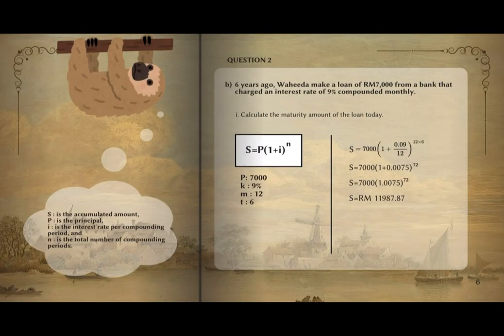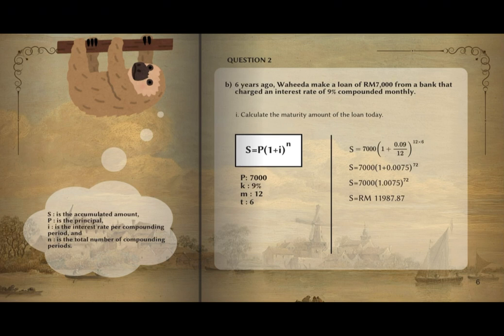Now, I will explain question 2 part B sub part 1. 6 years ago, Wahida took a loan of 7,000 ringgit from a bank that charged an interest rate of 9% compounded monthly. Using the compound interest formula, the principal amount is 7,000 ringgit, the annual interest rate is 9%, the number of compounding periods per year is 12, and the time period is 6 years.